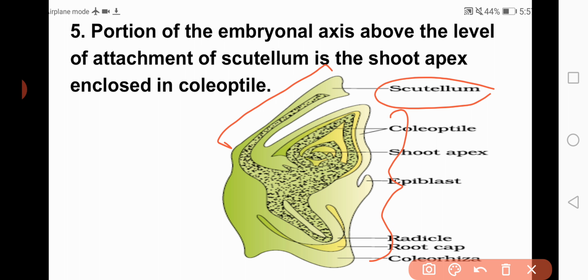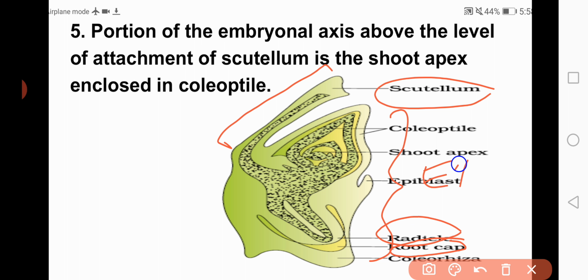So the scutellum is located lateral to the embryonal axis, and the embryonal axis at its lower portion, it has the radicle and the root cap. Okay, radicle and root cap, which are situated below the embryonal axis.